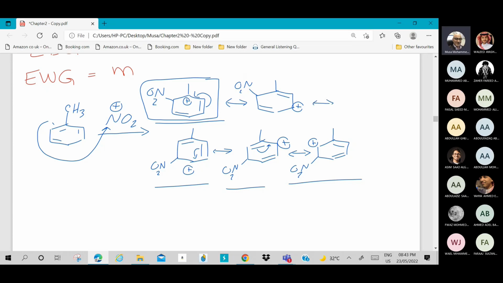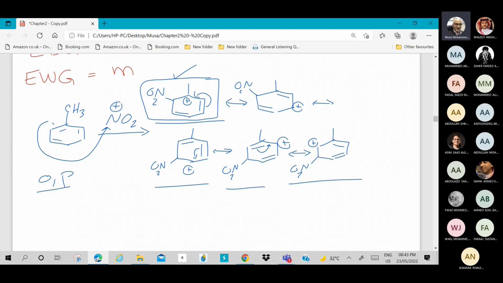You continue, this is going to form another secondary form. But this one is special, so we say that this is ortho para, because the para will result also in formation of these other resonance form. Of course, this is if you want to deeply understand why the activator is ortho para and the deactivator is meta. So this is the first thing that we have to figure out.